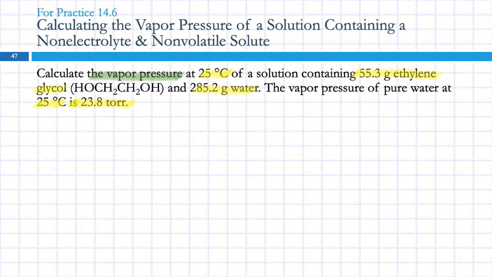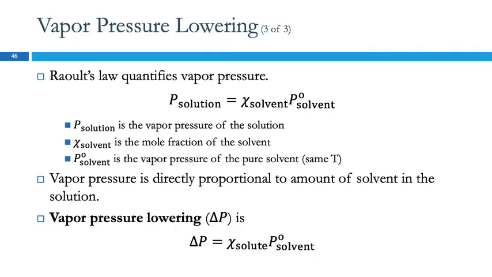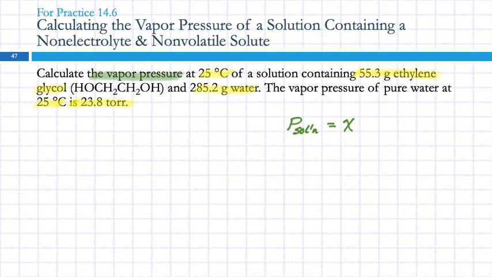This uses Raoult's law. So Raoult's law was that the partial pressure of the solution is equal to the mole fraction of blanking the solvent. I'm not going to make you memorize this. Mole fraction of the solvent times the partial pressure of the pure solvent. What's our solvent here?